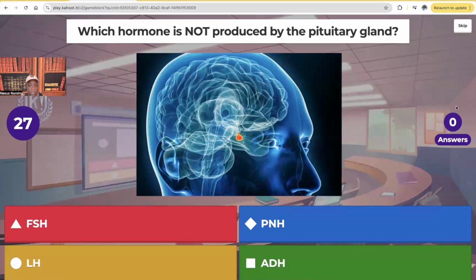All right, which hormone is not produced by the pituitary gland? FSH, which is follicle stimulating hormone. We have PNH, we have LH, we have ADH.